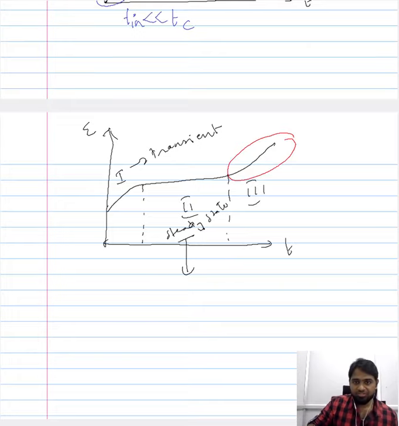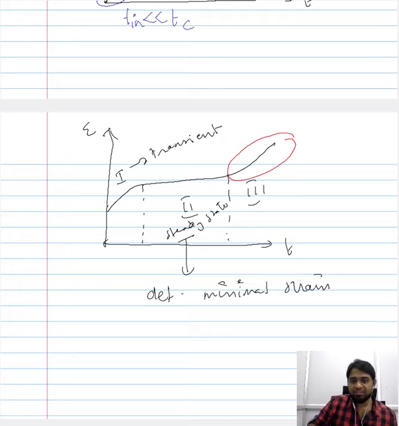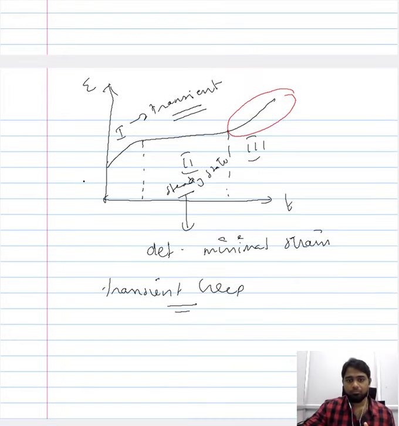The very definition of it, or the way you would distinguish the steady state stage, is that there is just a minimal change in the dimension of the material, and therefore whatever strain we observe in the material during its creep behavior is brought about by the transient creep.